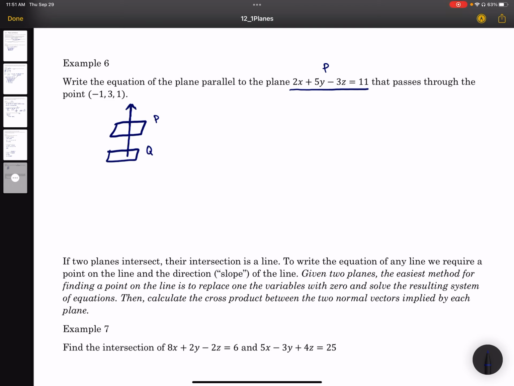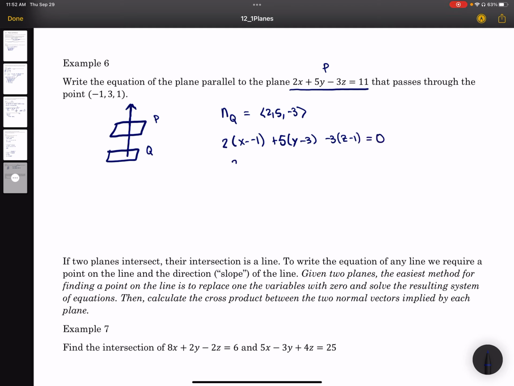So for Q, we'll say n sub Q, our normal vector is 2, 5, -3. Then the equation is what we've already done. We're going to have 2 times x minus -1, plus 5 times y minus 3, and -3 times z minus 1 equals 0.